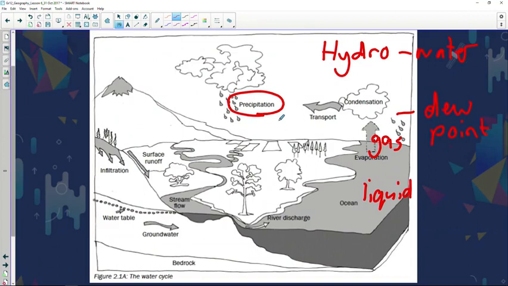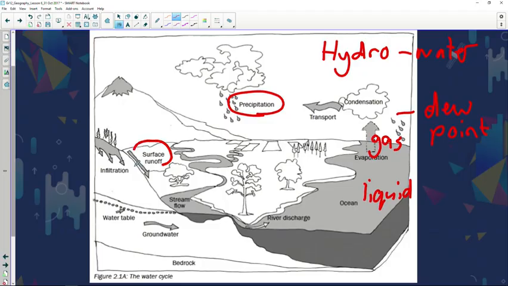Now what happens? It rains over the interior countries, over countries, continents. There are two ways this water reaches back to the ocean. Surface runoff, as you can see over there, flows into our stream channels, into our major rivers, and then obviously the river discharges into the ocean.